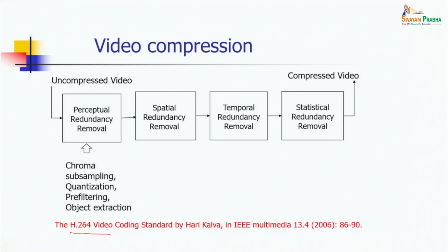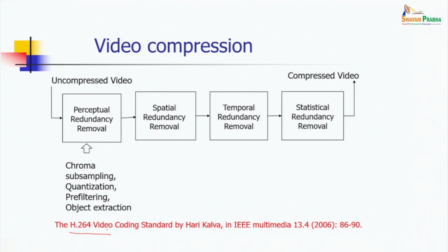Our attention is mostly drawn to some objects, so we represent those in more detail than objects outside our field of attention. There are different such ways of removing perceptual redundancy.